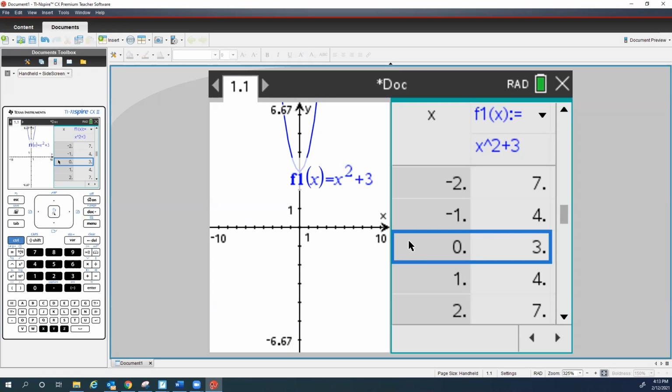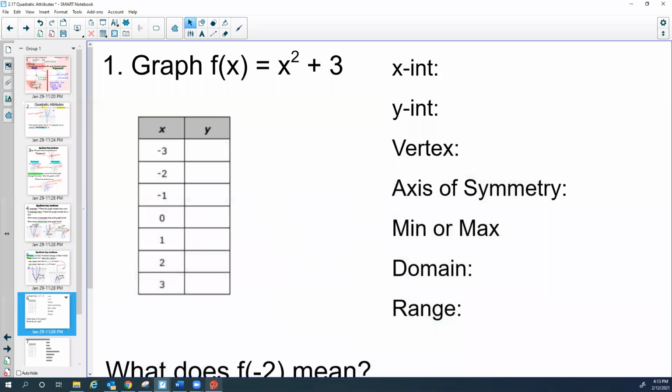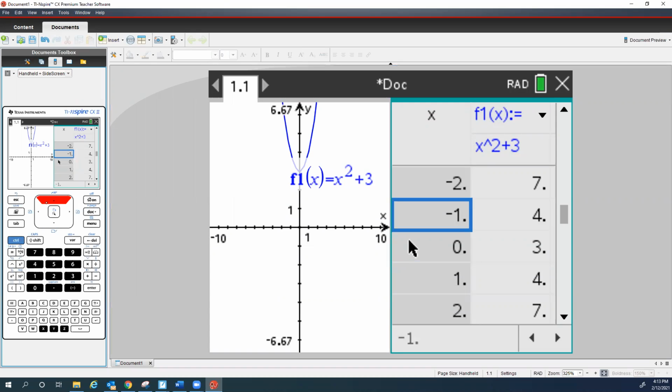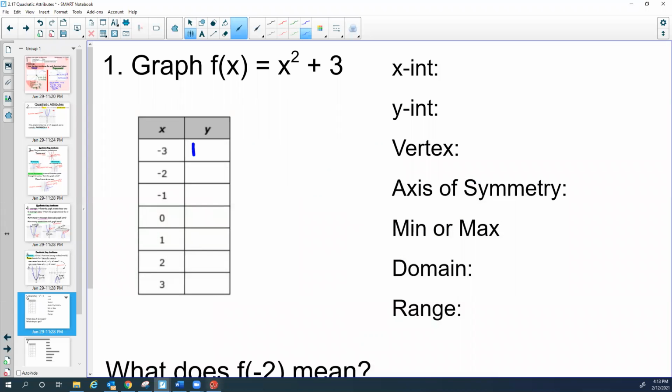So when we go back to our notes, one thing that I can go ahead and include is my table. So in my table, they wanted us to get -3. So let's go up for a minute here. At -3, we have 12, 7, 4, 3, 4, 7, 12.